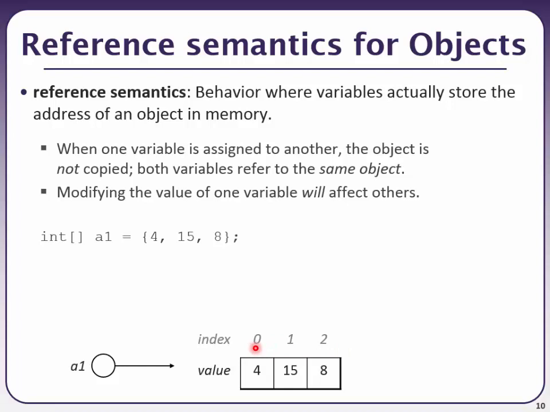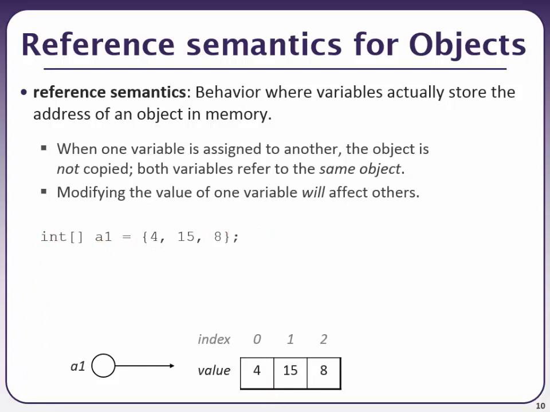So 3 elements means we have element indexes 0, 1, and 2. And inside the array object, we store obviously the values of those elements. So 4 goes here. 15 goes as second element at index 1. 8 goes as third element at index 2. And that's pretty much the memory diagram. That's a representation of what happens in memory when you define this variable A1 and initialize it.